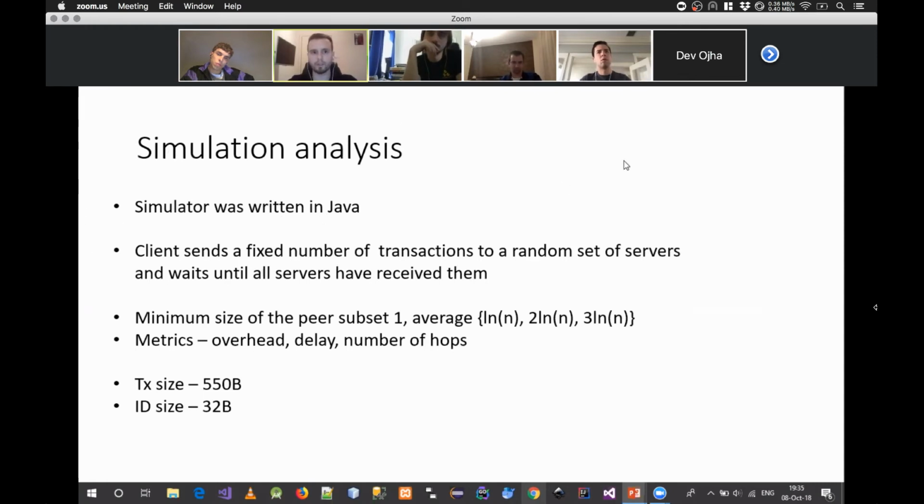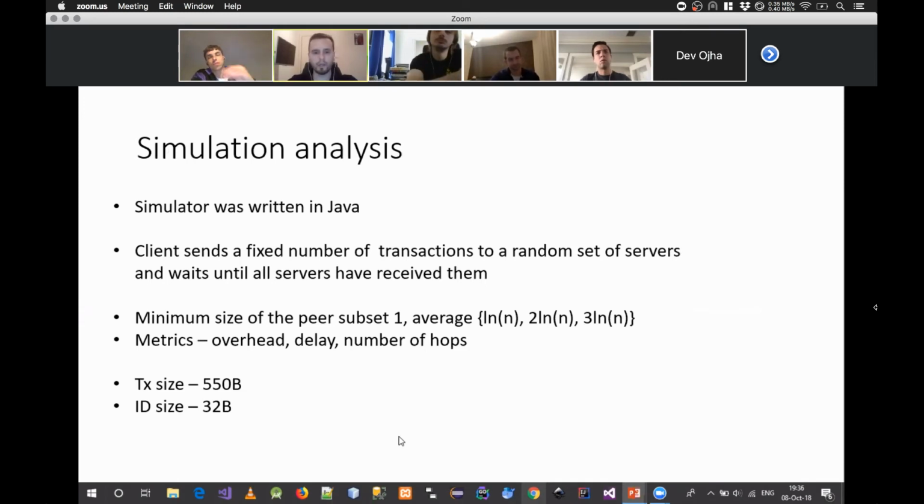Since this is a simulation, I was supposed to adopt certain metrics, and there were three different types of metrics. The first metric is overhead. Overhead is expressed as the percentage of redundant transactions received by a full node. Delay is expressed in milliseconds, and number of hops, which is represented by the average maximum number of hops, is a metric that depicts the average maximum depth of a network graph.